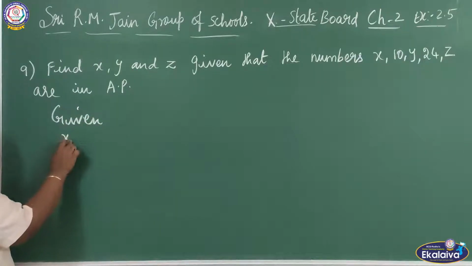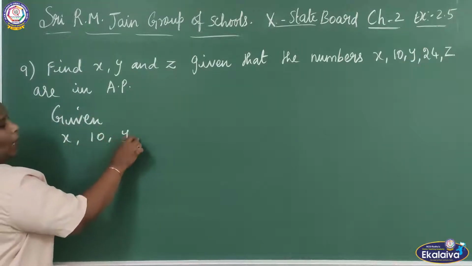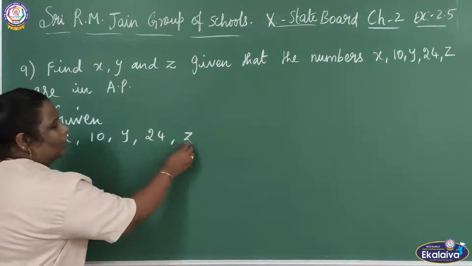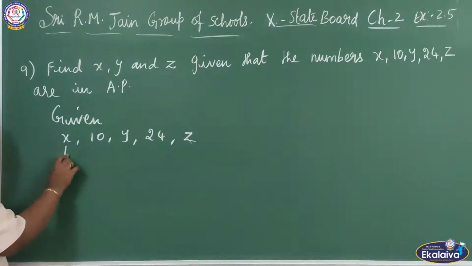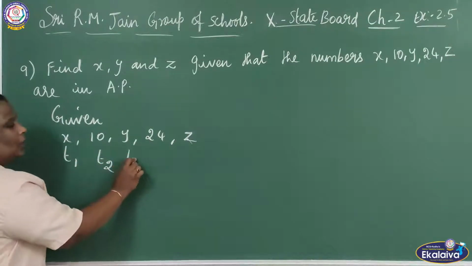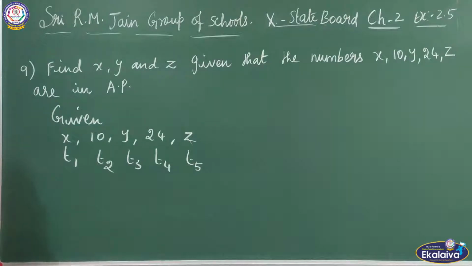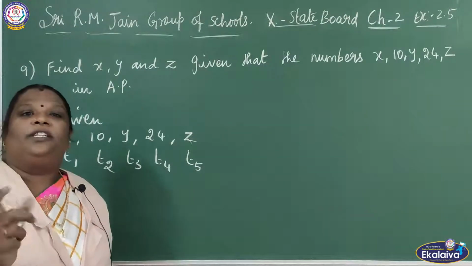Given x, 10, y, 24, z. You can take it as T1, T2, T3, T4, T5. You know very well the terms are in AP, so the differences are the same.